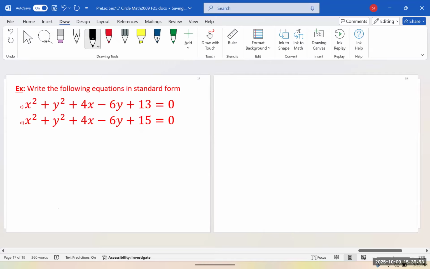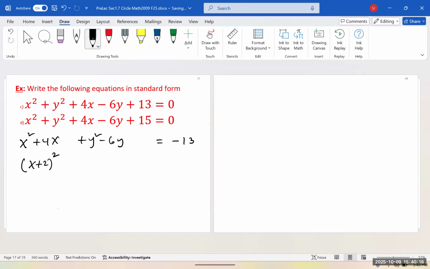The first one: x squared plus 4x plus y squared minus 6y equals negative 13. Arsla, you are up. How do you complete the square? Good.